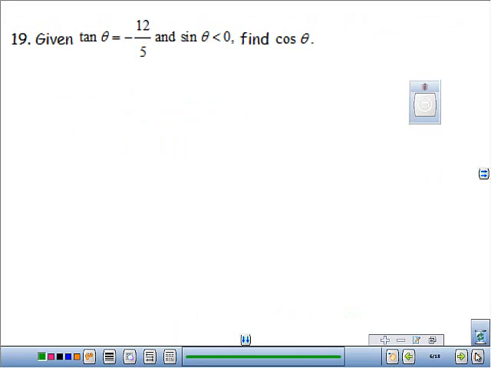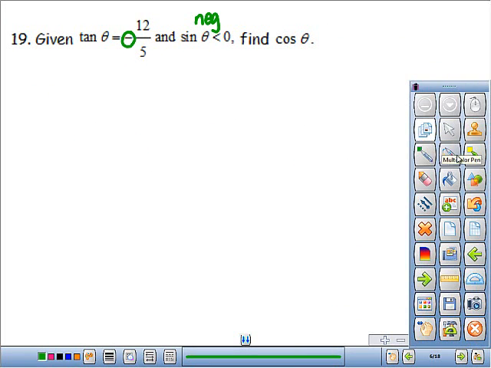On 19, you're given tangent of theta is -12 over 5, and that sine of theta is less than 0. That means negative. So we need to figure out which quadrant both tangent and sine are negative. Just think back to our All Students Take Calculus.